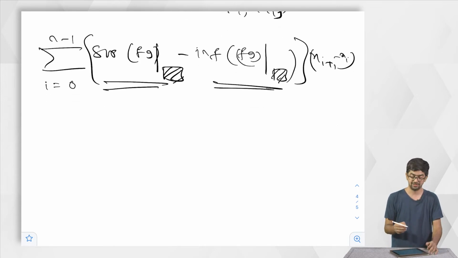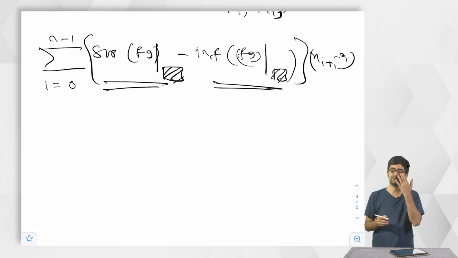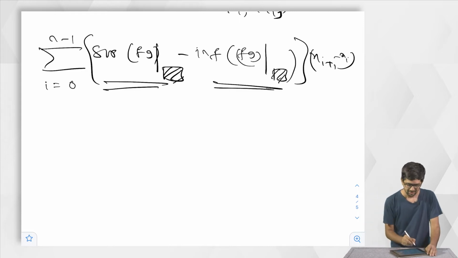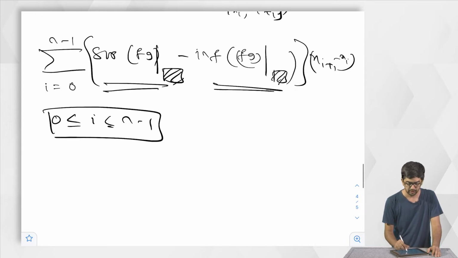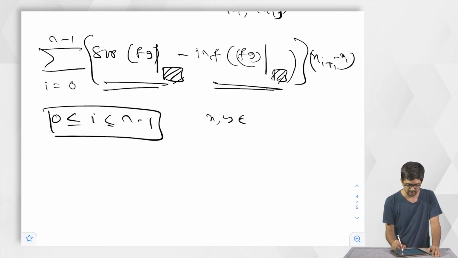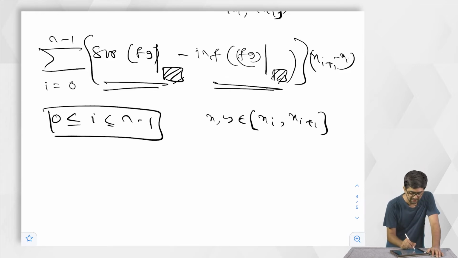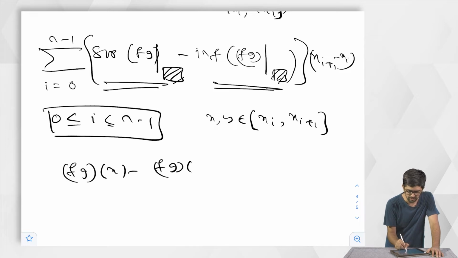For this, there is the following trick you will see many times. We fix some index i, 0 ≤ i ≤ n minus 1. Take two elements x, y in [x_i, x_{i+1}], and then look at the difference fg(x) minus fg(y).